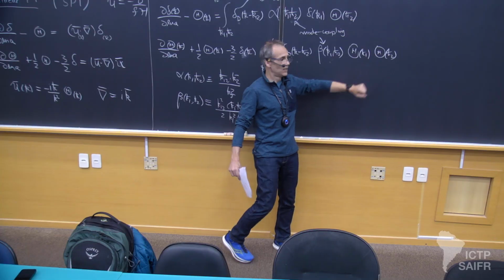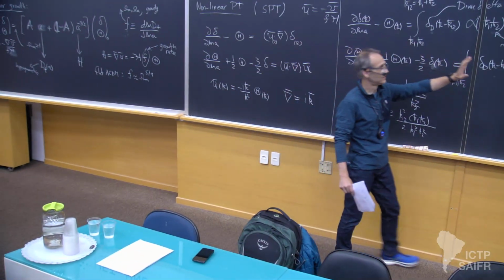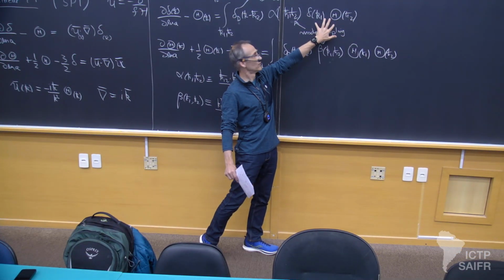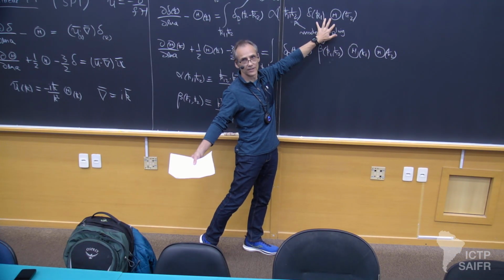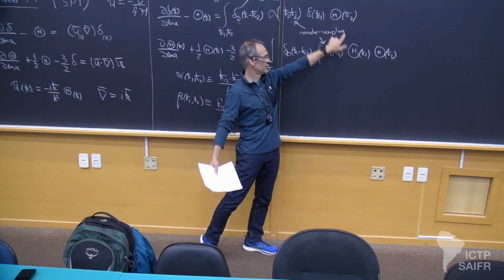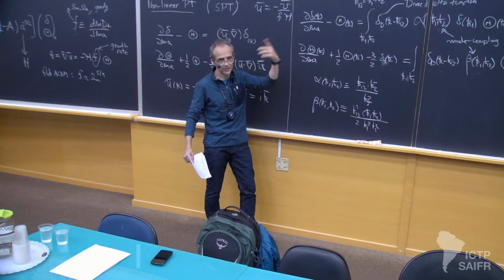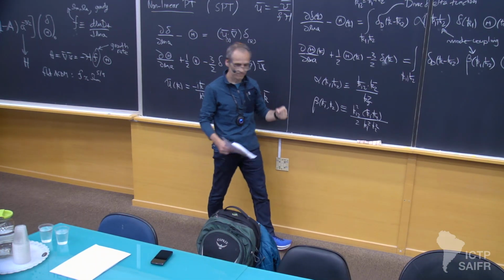Now, once you find the quadratic solution, you go back. Now you put in the source term things which are cubic in the linear solution, meaning second order times first order, plus first order times second order, and the same thing here, and you will find the third order solution. And you keep going, keep going, keep going, okay?